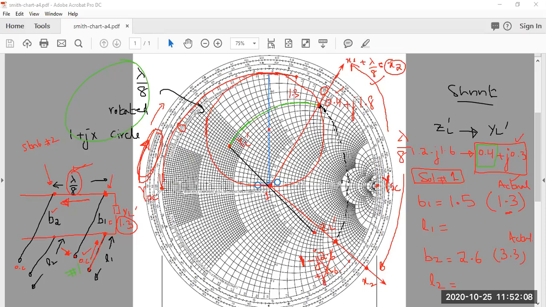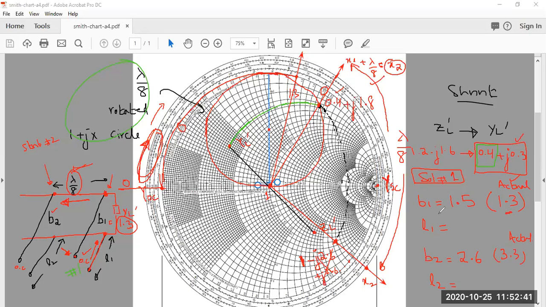So this movement, I started from this point and I stop at this point. So you just need to connect the center with this point. 1.3 on this one. And then you measure how much distance you have traveled. So this is of course 0, and then you are increasing, and you can clearly see that this is almost 0.142, 0.145, or 0.146.